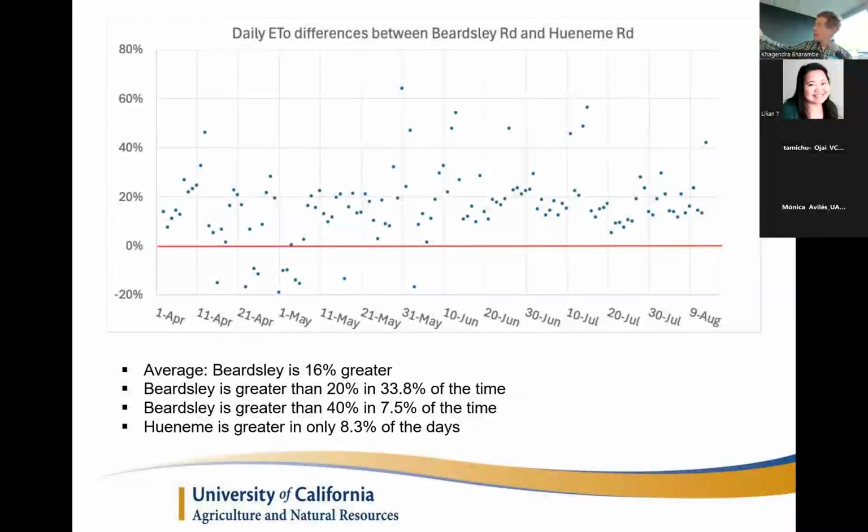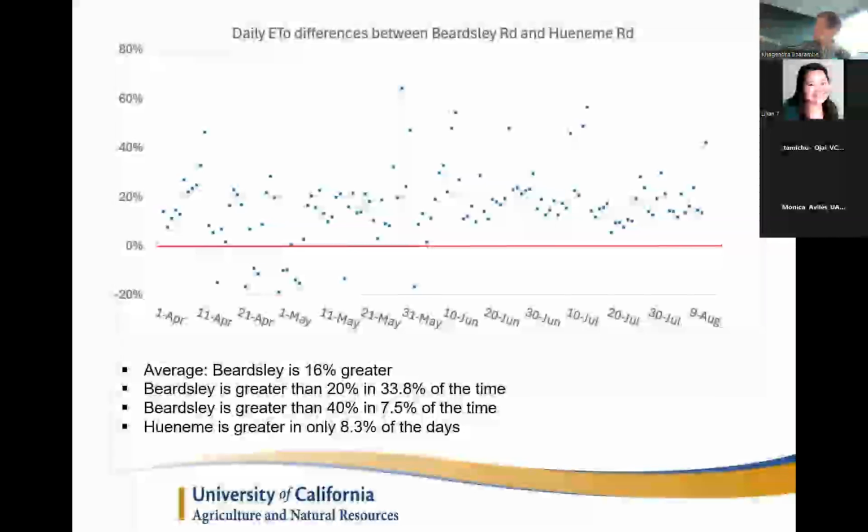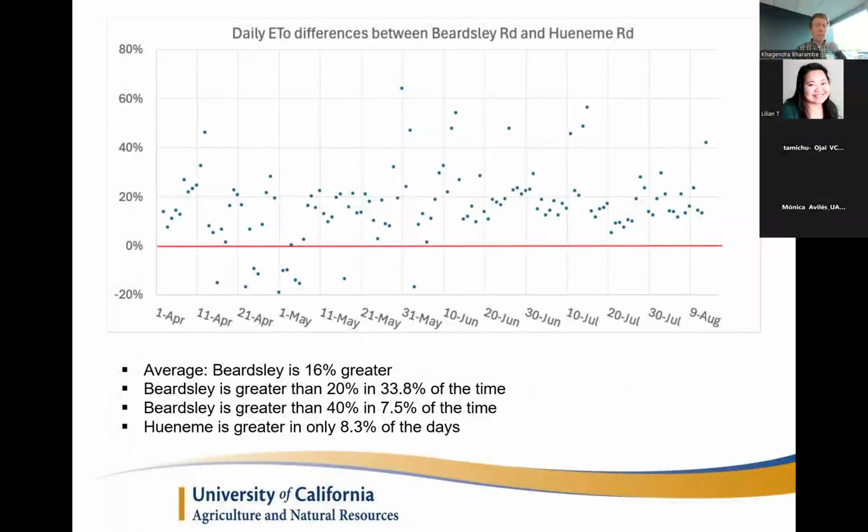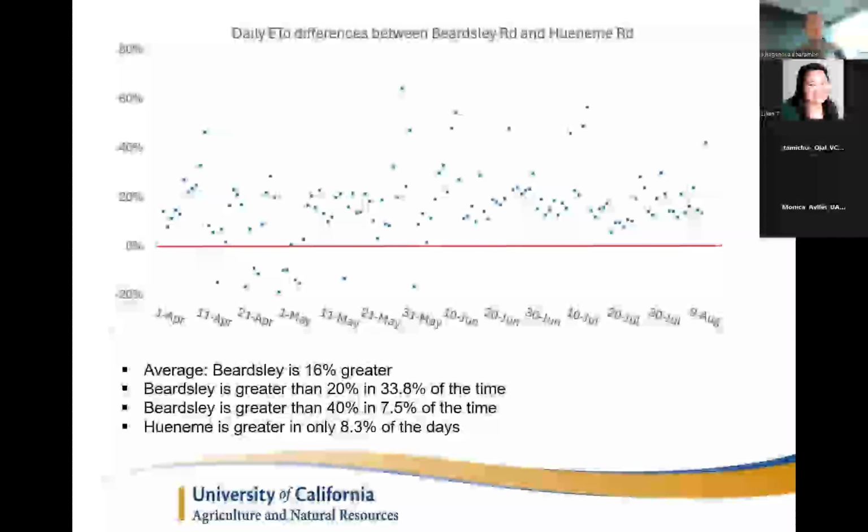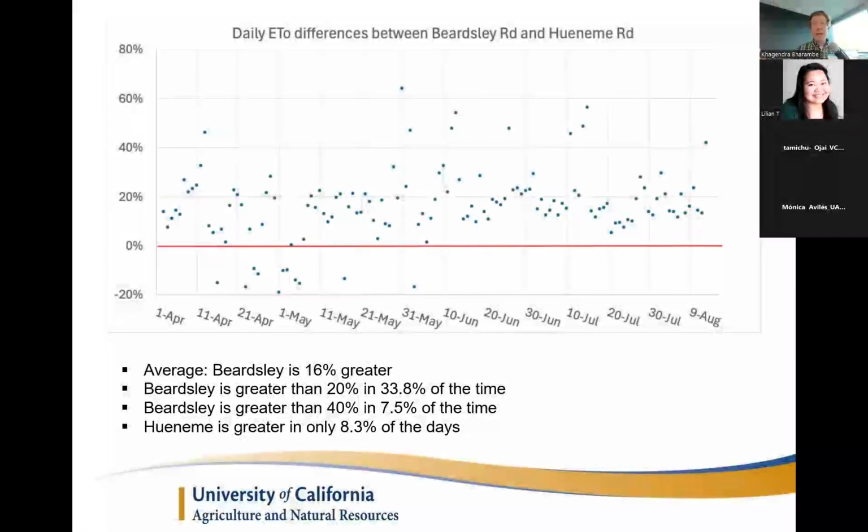On that red line, more than half of the dots represent days where the Beardsley station is reporting greater evapotranspiration. And a third of the time, it's 20% more. And again, these stations are only 2 or 3 miles apart.